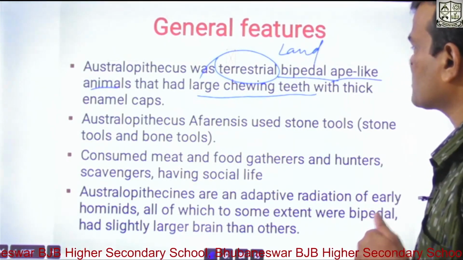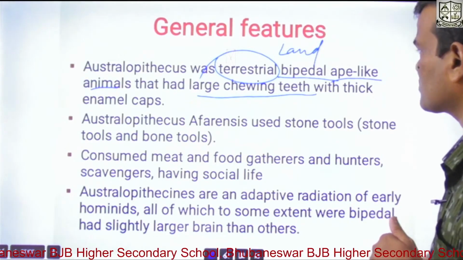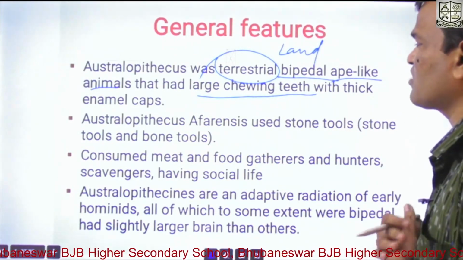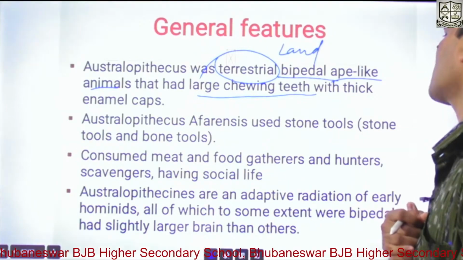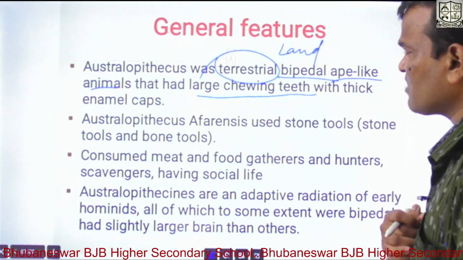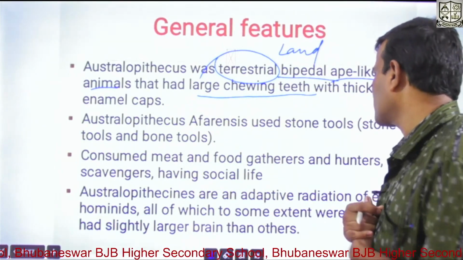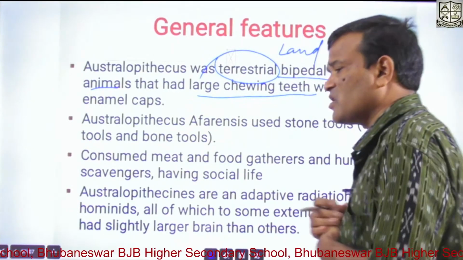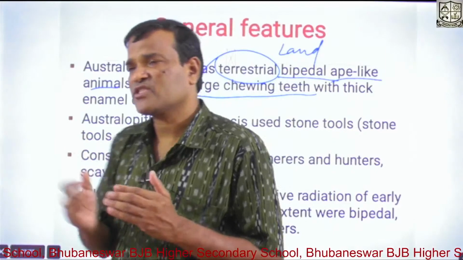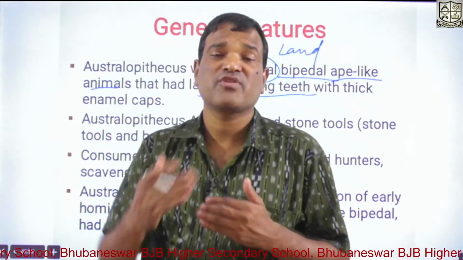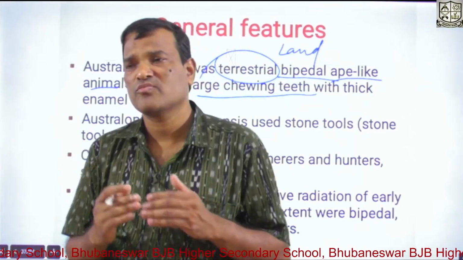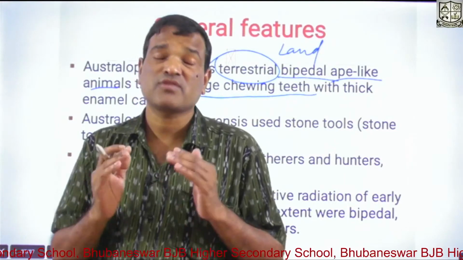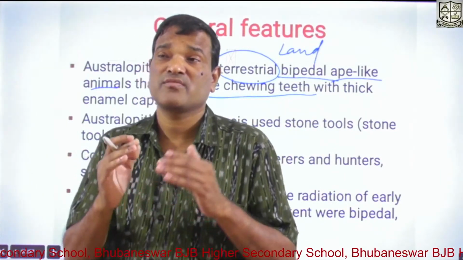Australopithecus africanus used stone tools, and bone tools were also used by the Australopithecus group. They also consumed meat. They were food gatherers, hunters and scavengers, and had a small social life. Food collection was another criterion for their cultural evolution.